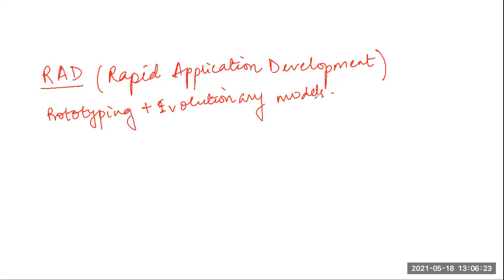In case of the evolutionary model, it follows the evolutionary delivery model to obtain and incorporate customer feedback on the different incrementally delivered versions.